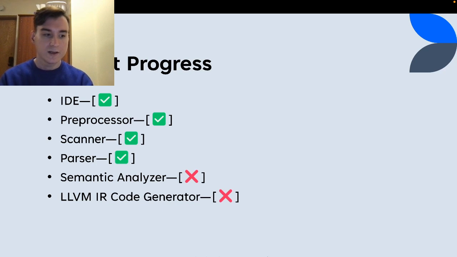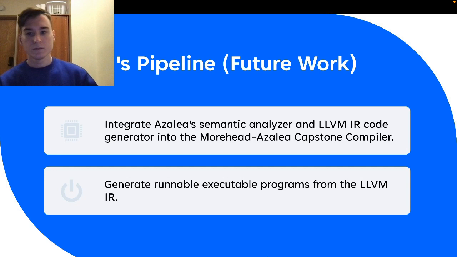So the second half of this semester, as well as going into next semester, will focus on these two components. And like I said previously, future work is predominantly focusing on the semantic analyzer and the code generator.